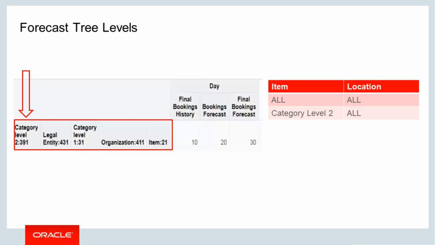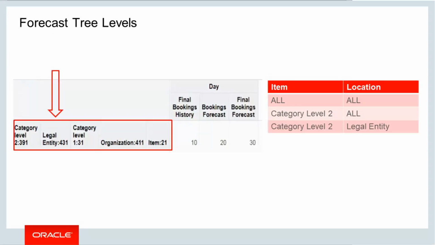The application will replace the level on the item side with category level 2. Now we move to the second most left level and add this level to the forecast tree. Since the next level is a location level, legal entity, it will replace location level all in the forecast tree.